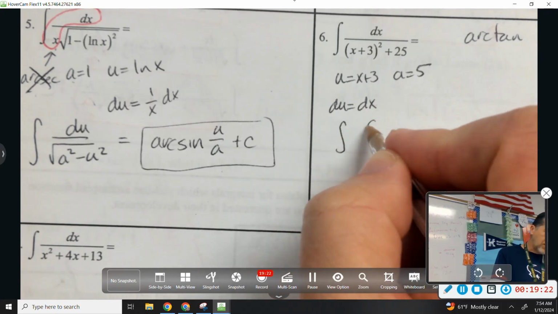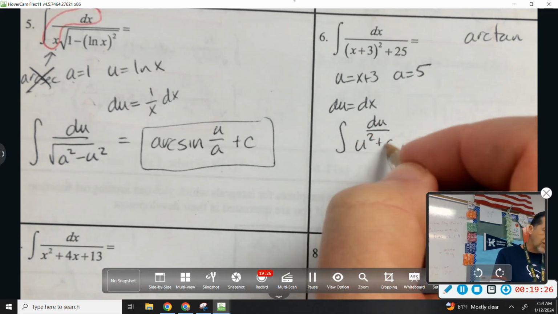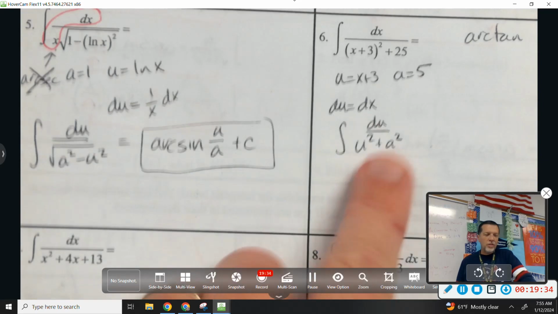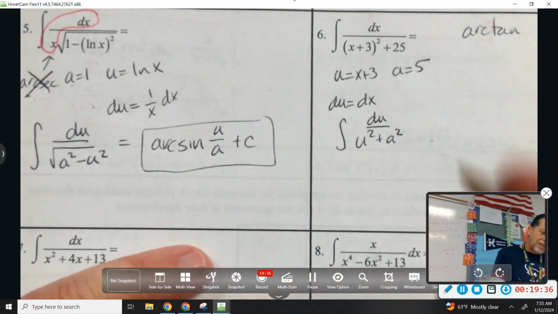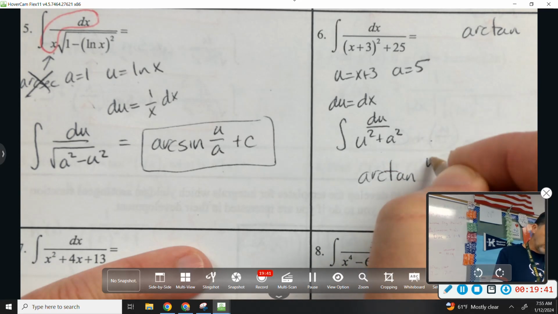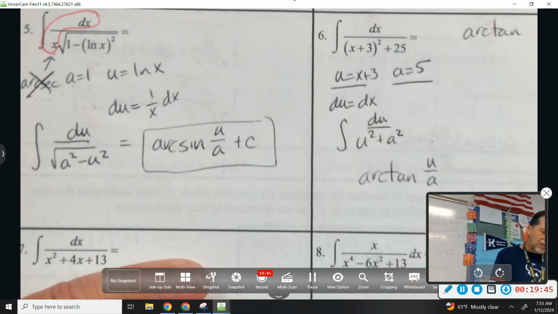Once you make the right u substitution, this is an easier one. Well, I don't know, I guess they're all easy. If you make the right u substitution, you always end up with something you recognize. So this was arctan of u over a. And again, I can leave it as u over a because I've said what u is and what a is.